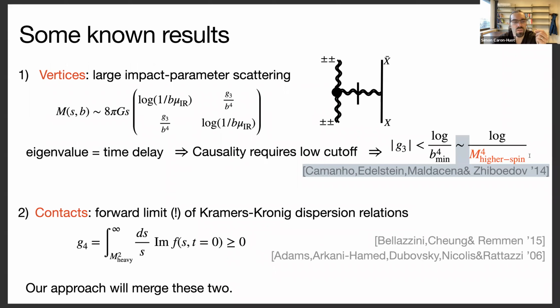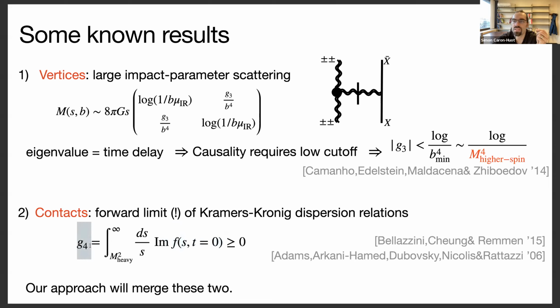There's also a different line of argument using dispersion relations and the forward limit, which are a bit dangerous, but we can try to apply them and see what we get. And if we apply the forward limit, then generally what you do is you try to write couplings as integrals over something in the heavy sector, a positive spectral density. When you can write some coupling as some positive integral, even though you don't know what happens in the UV, you know that if probabilities are positive in the UV, then the coupling will be positive.